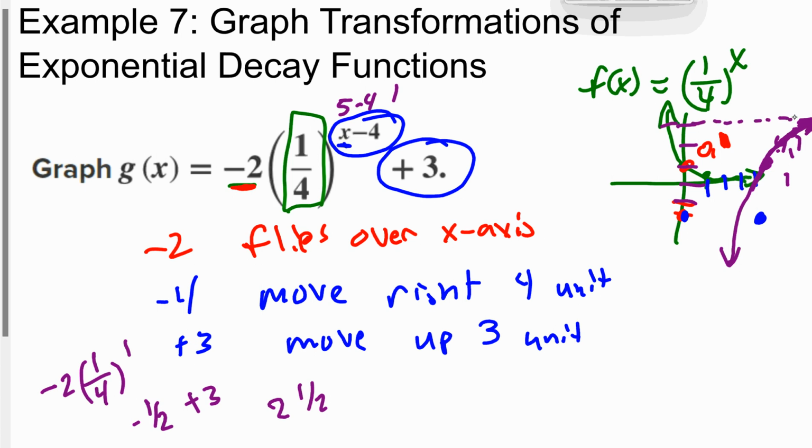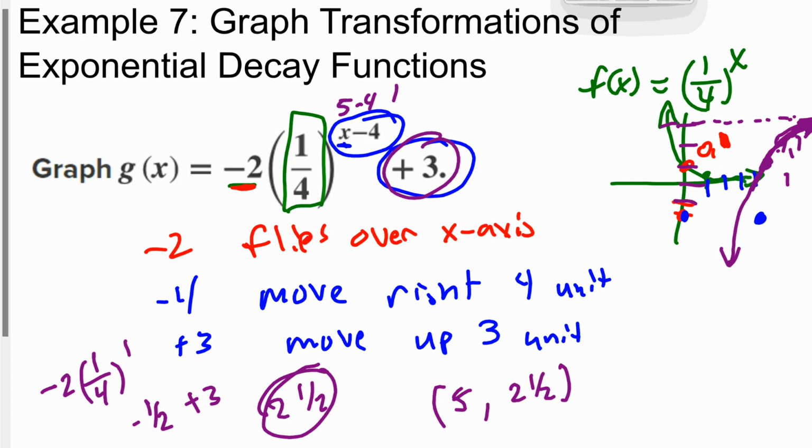It's not going to cross that 3 because this is +3 right here. So it gets a little bit larger, but not very much, because we plugged in 5 and got 2.5. Right, so it's not going to get past 3. It's not going to get much larger than that.